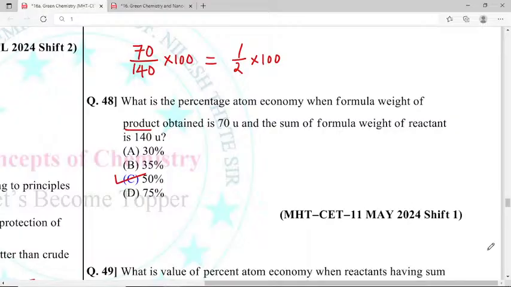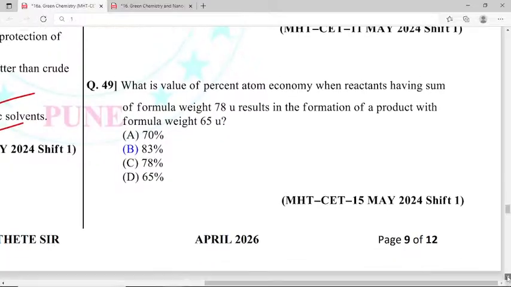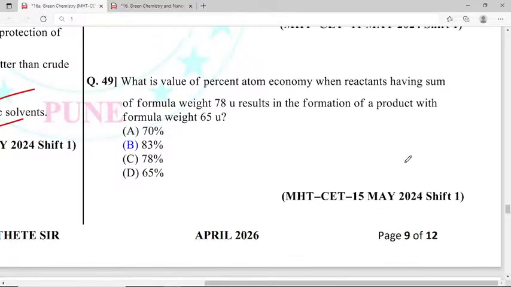Next question. What is the value of percent atom economy when a reactant having a sum of formula weight 78 forms a product with formula weight 65? So the calculation is 65 divided by 78 multiplied by 100, and we will get the percent atom economy.